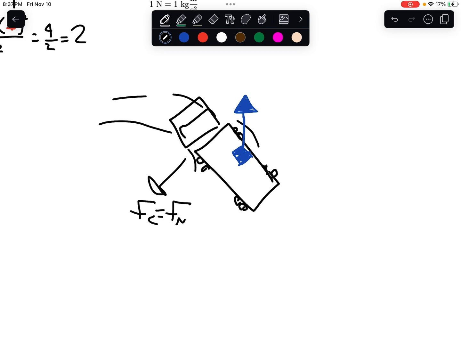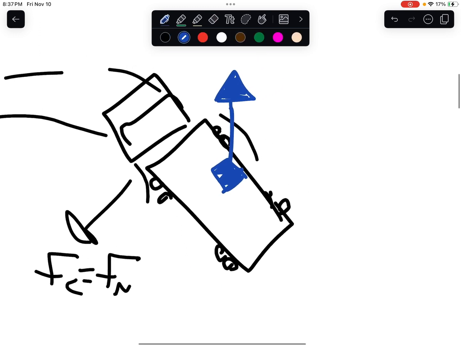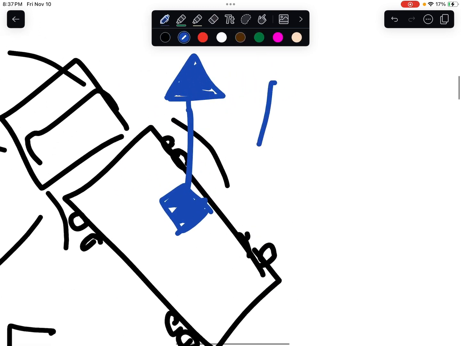But obviously the ice doesn't have that friction. So the ice just slides from where it was back here when the truck was going forward to the wall of the truck. And so you might think that this is caused by the centrifugal force.